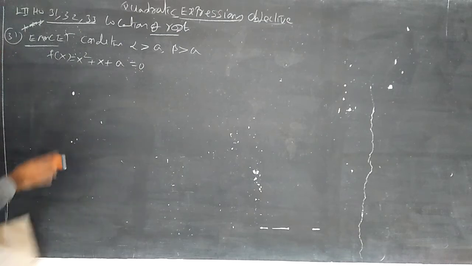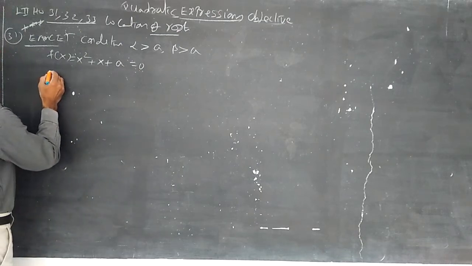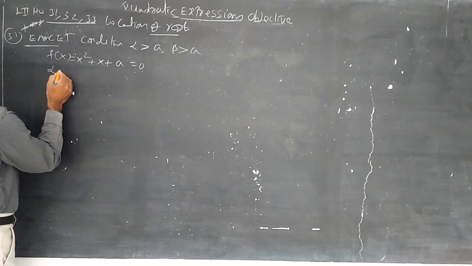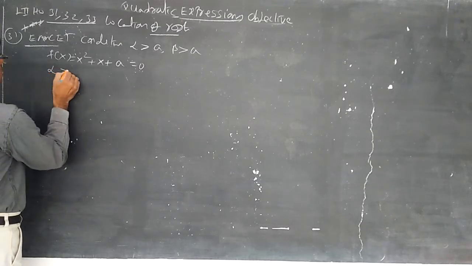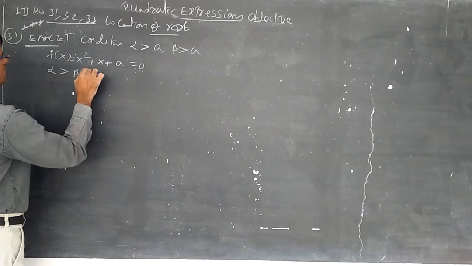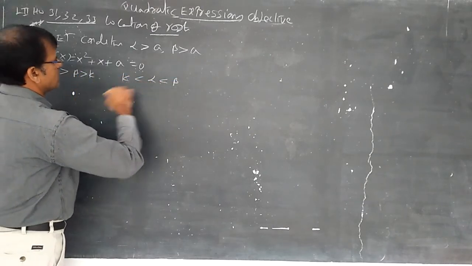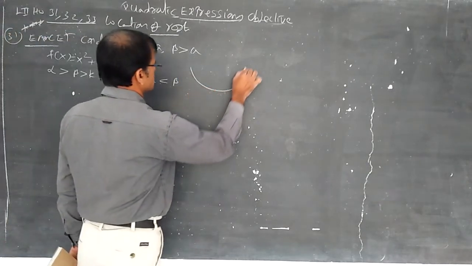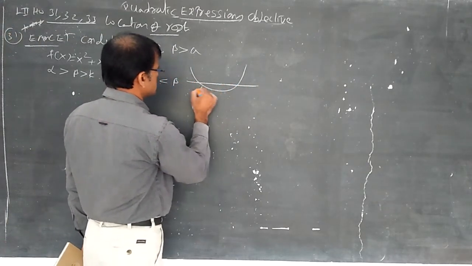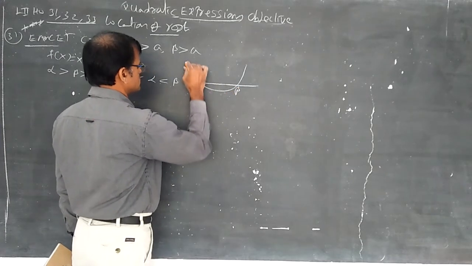Whenever both roots exceed a, the meaning is the simple concept alpha greater than beta greater than k, like this. So k is lesser than both roots. This is alpha, this is beta, and this is k.